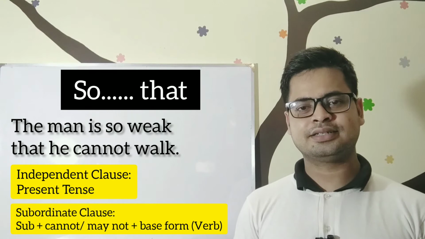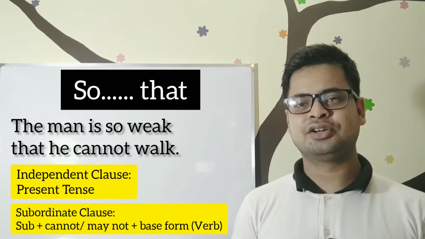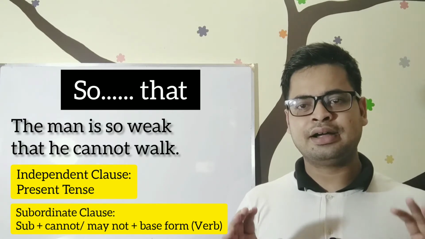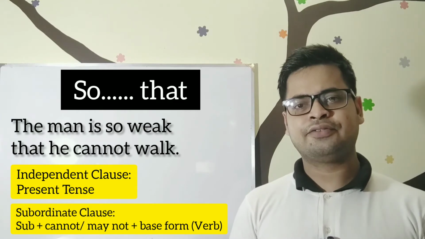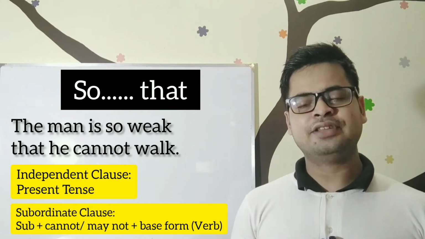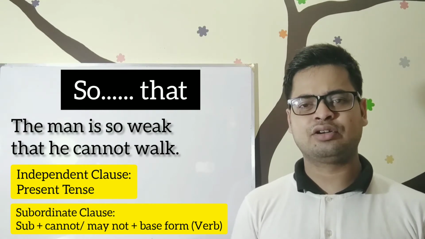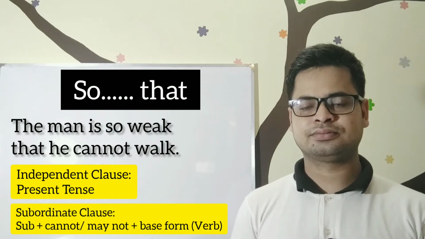Here you can see that the man cannot work. So there is a reason. The reason is the man is so weak. So the independent clause shows the reason. Another fact is that if the independent clause is in present tense, you have to write cannot plus base form of the verb in the subordinate clause.